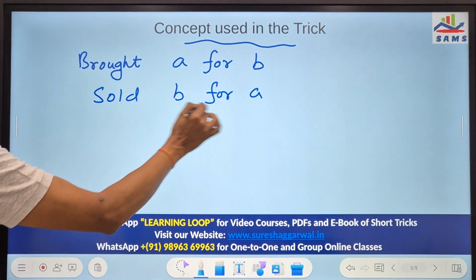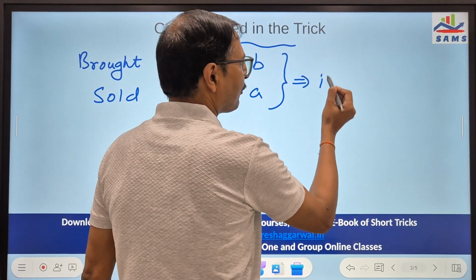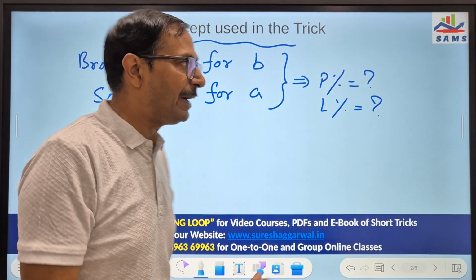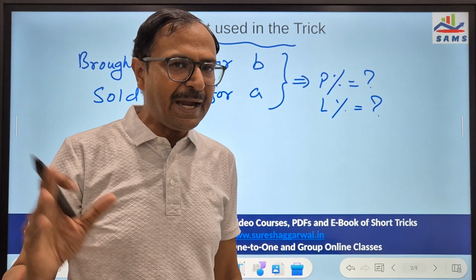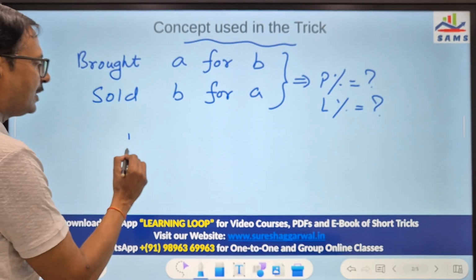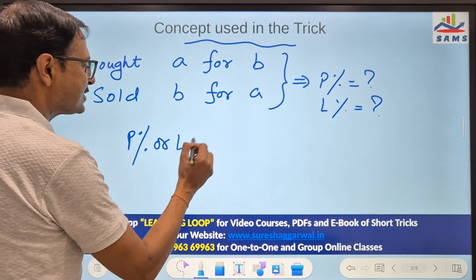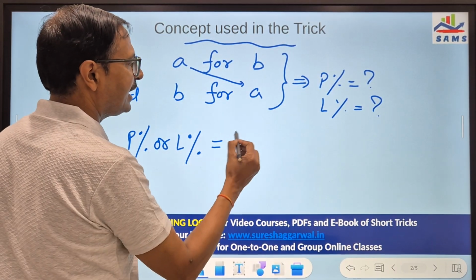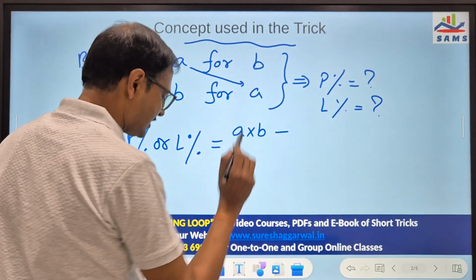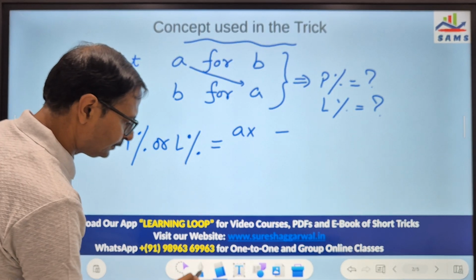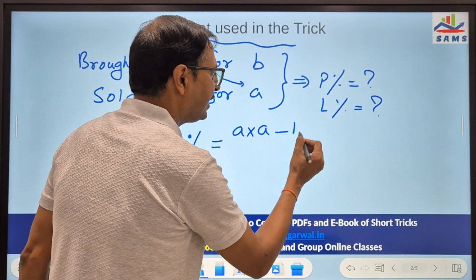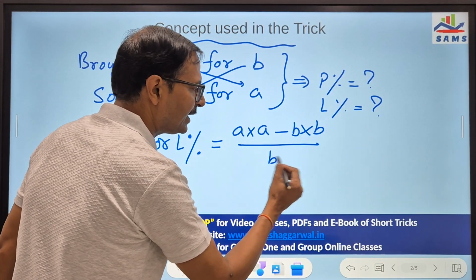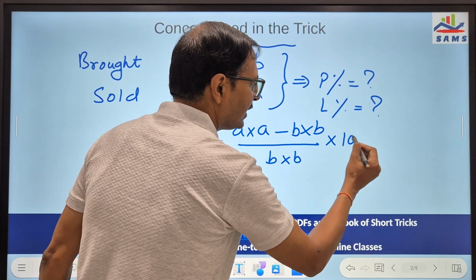Now we need to find in such a case what will be the profit percent or the loss percent. It can be either way around depending on what values are given in place of A and B. The shortest possible method for finding the profit percent or loss percent in this case is to multiply across like this: A times A, subtract B times B, and divide by the same result, B times B, and just multiply the result by 100.